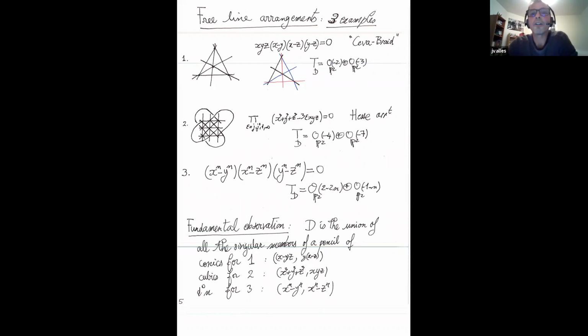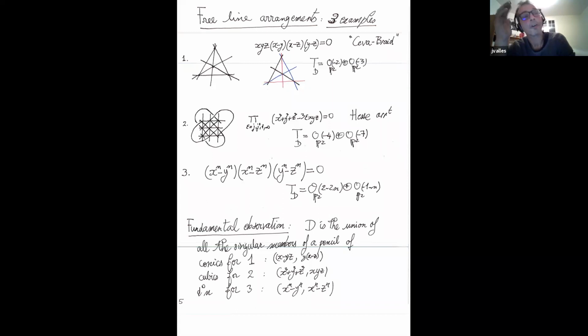And this divisor is reduced, and it's not a normal crossing divisor, but the associated sheaf is free. It's a sum of O(-2) plus O(-3). So it means that you have one derivation of degree 2, the polynomials of the beginning are of degree 2, and another derivation of degree 3 that generates all the tangent logarithmic fields.